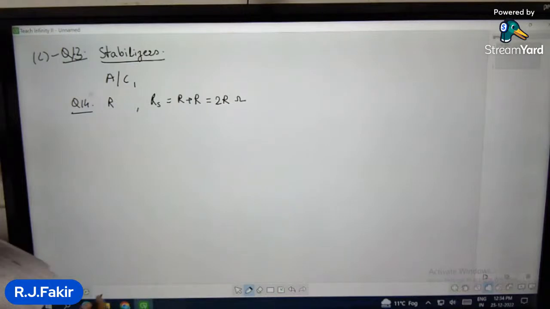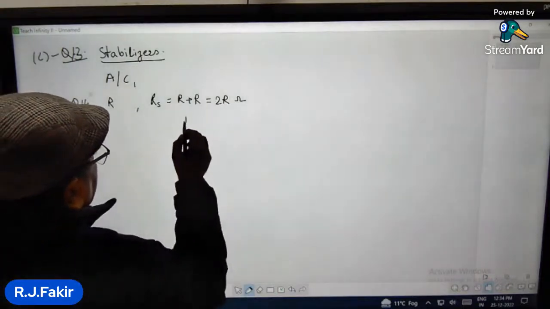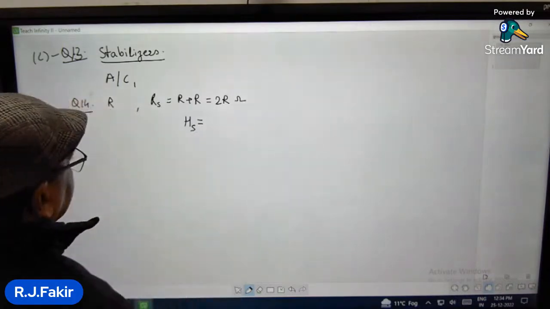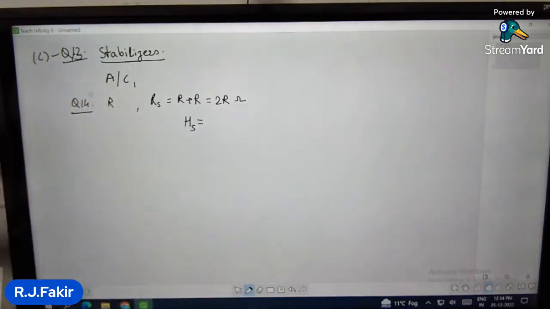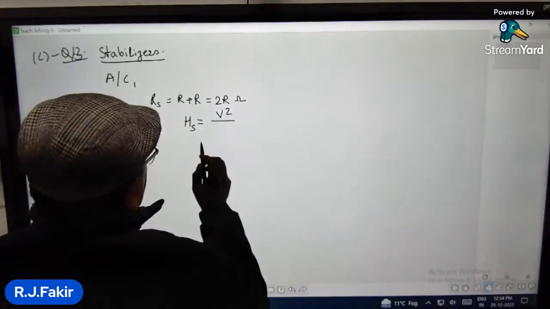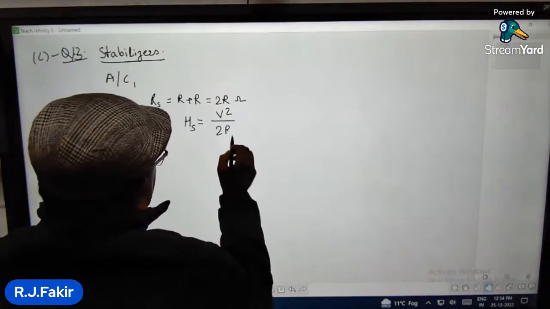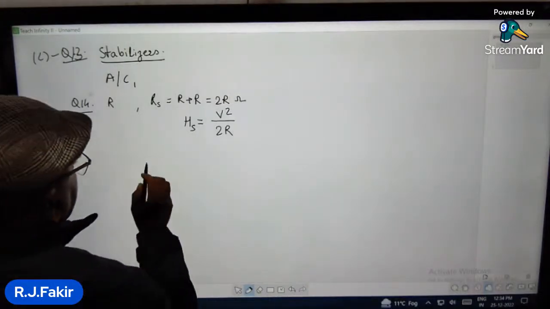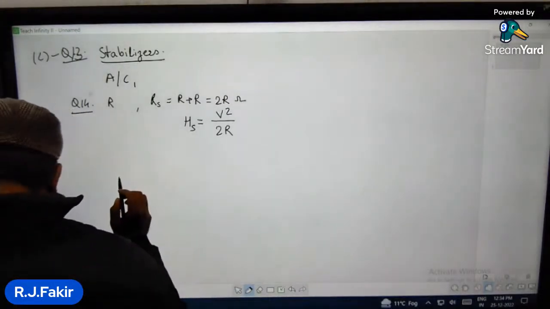And we also know that the heat produced in series, for example, will be given by square of voltage upon resistance. In a similar way, we can calculate the resistance in parallel.